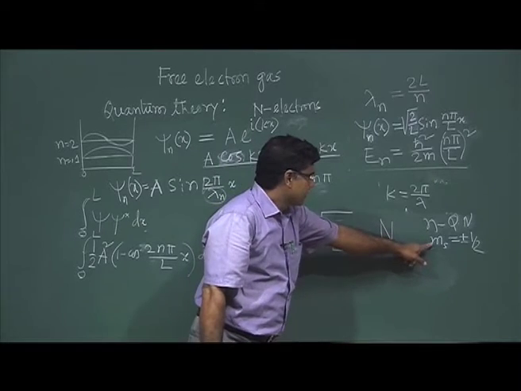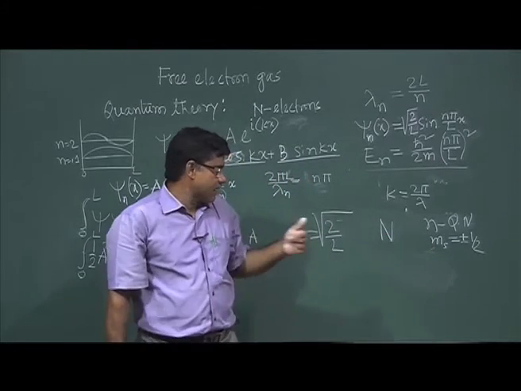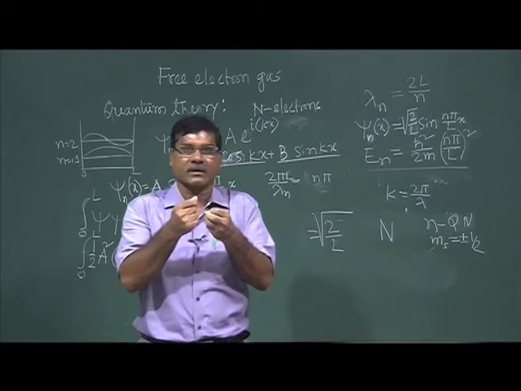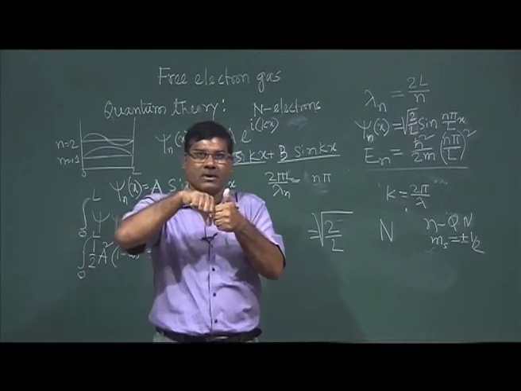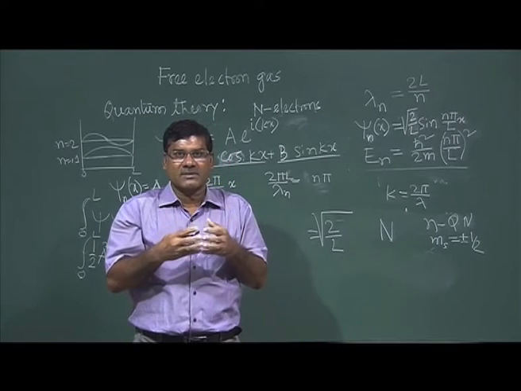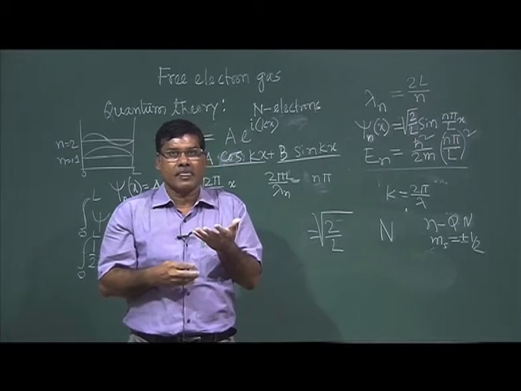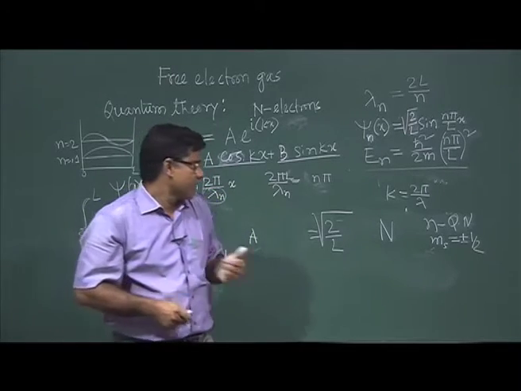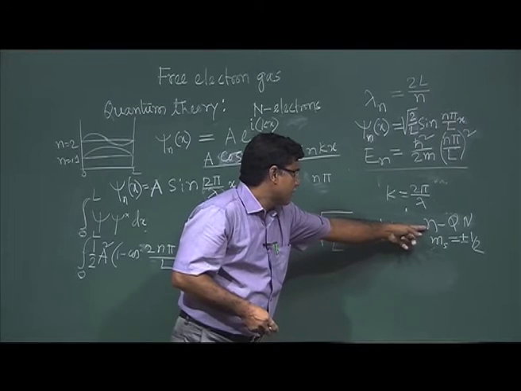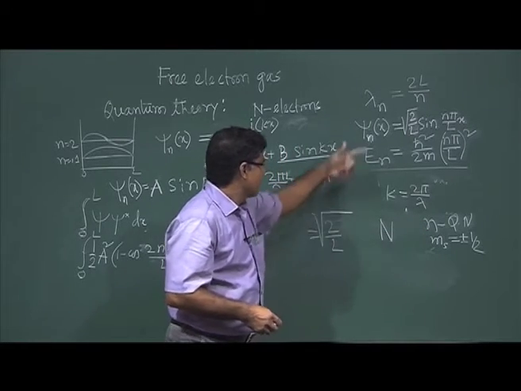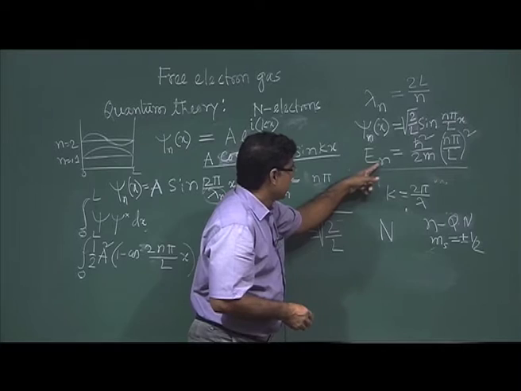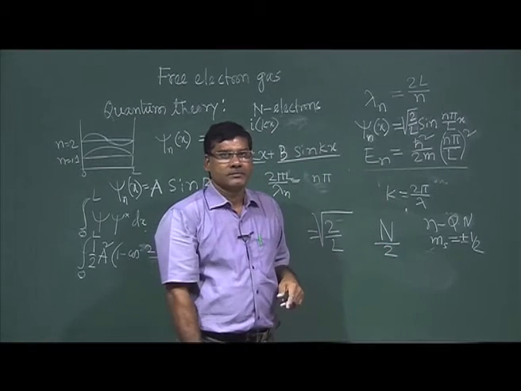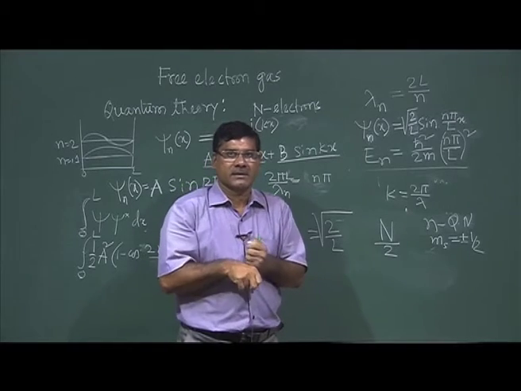So, for each orbital we can put two electrons, one up and one down. This Pauli exclusion principle is valid for atoms, for molecules and for solids also. So, I need N number of orbitals as I told, but now I basically need N by 2 number of orbitals to put all N number of electrons there.